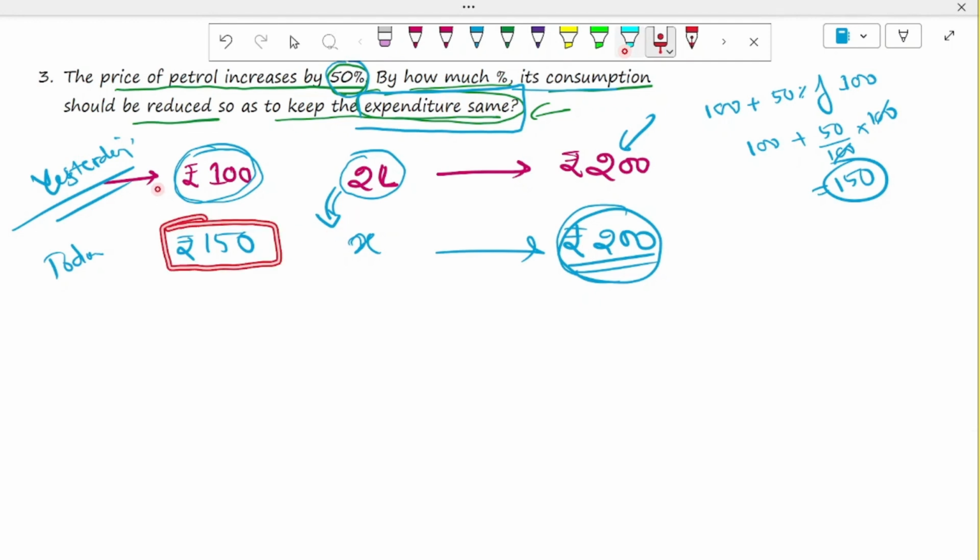It is increased by 50%, and you should make sure that the expenditure remains the same. Then how much will be the price here? How much will be the amount you are going to consume, keeping this and this value same? So how will you find the value here now?